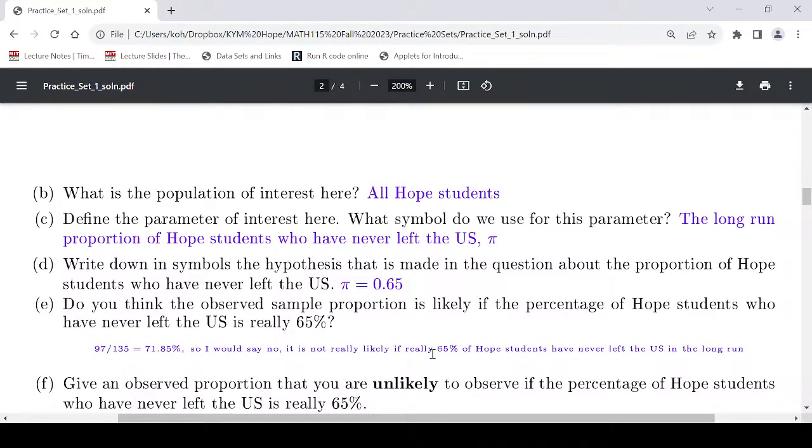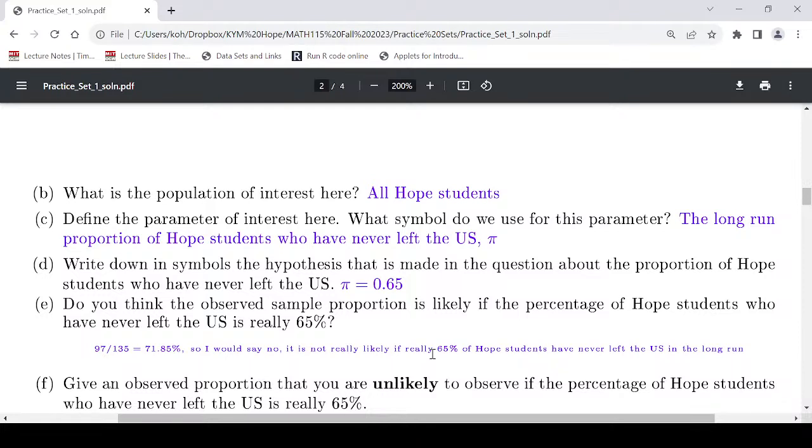Do you think the observed proportion is likely if the percentage of Hope students who have never left the US is 65%? Now, notice that 97 out of 135 is still 71.85%. That data hasn't changed. But now we are trying to check whether the hypothesis that pi equals 0.65 often gives you something like 71.85% when you simulate.